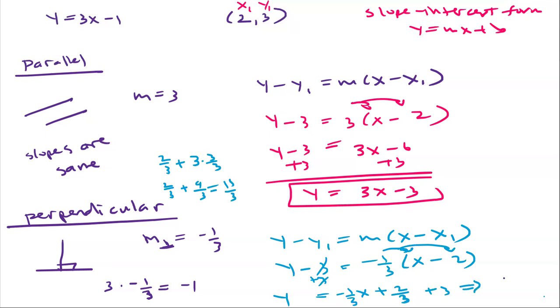So my final answer here is going to be y is equal to negative 1/3 x plus 11 over 3. So that would be my perpendicular line.